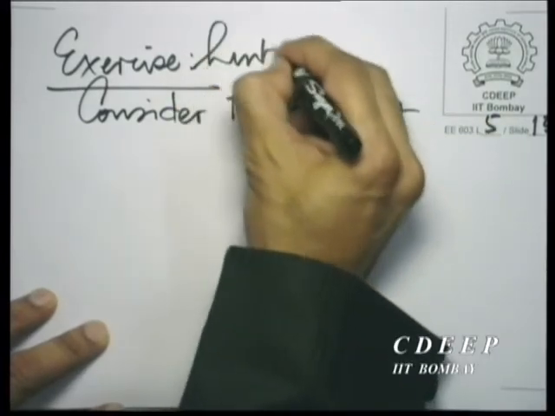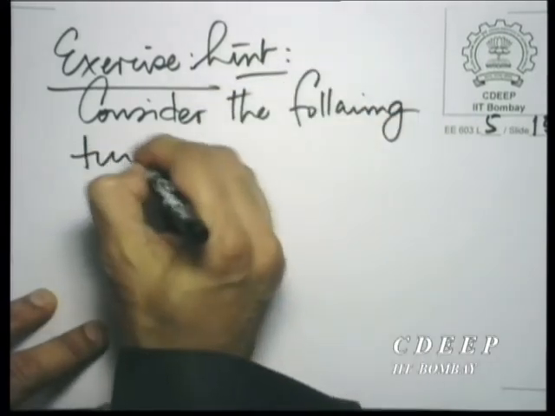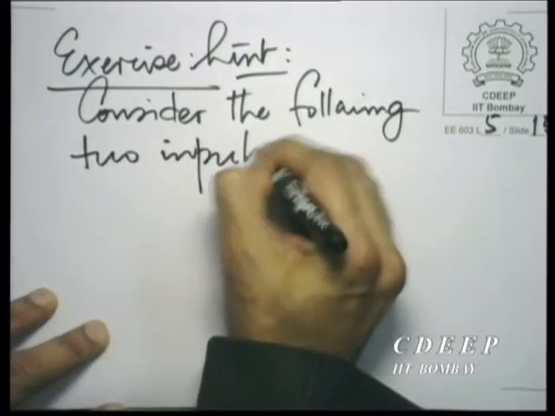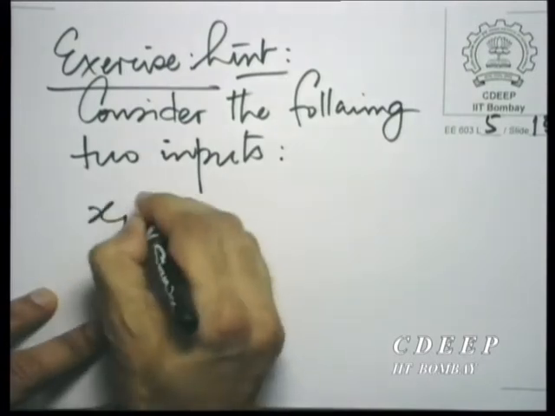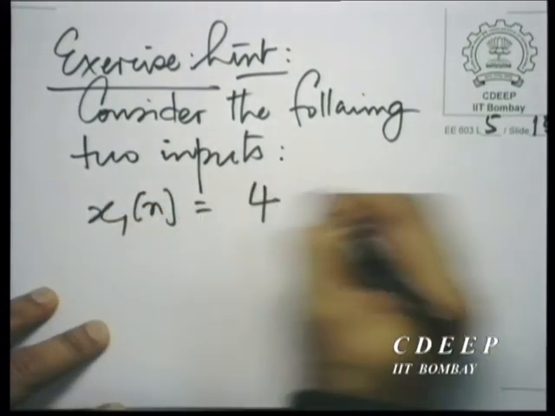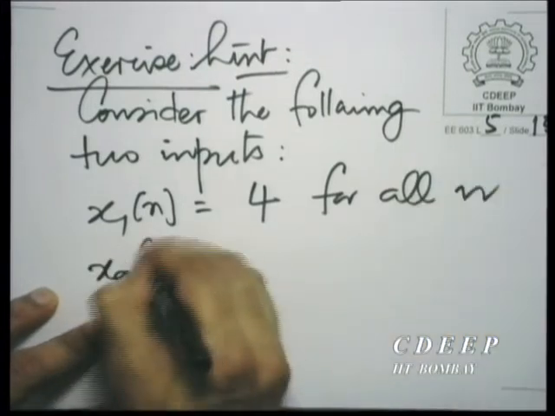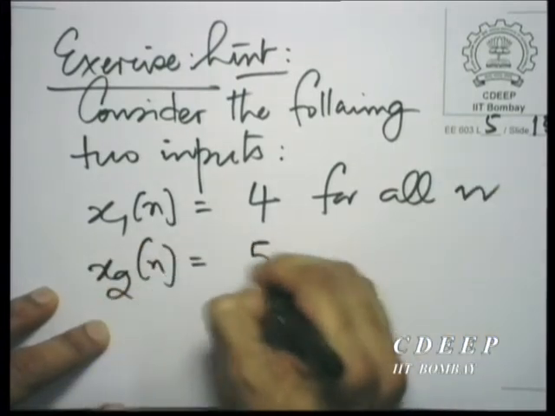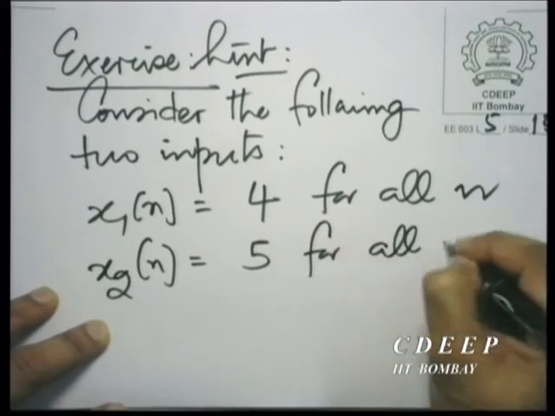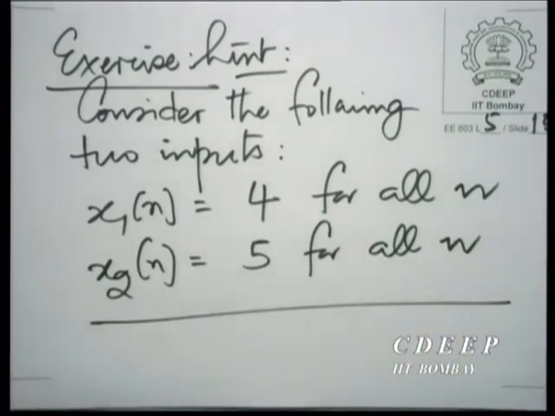Exercise hint. Consider the following two inputs. x1[n] is equal to 4 for all n, and x2[n] is equal to 5 for all n, and show that in this case it will be violated.